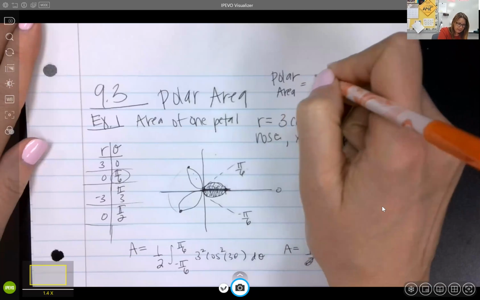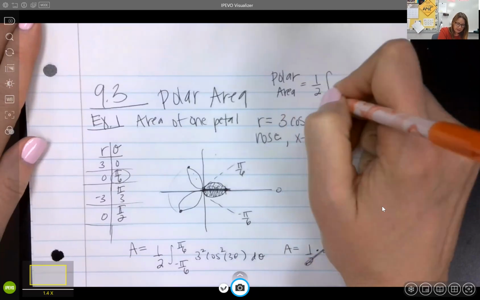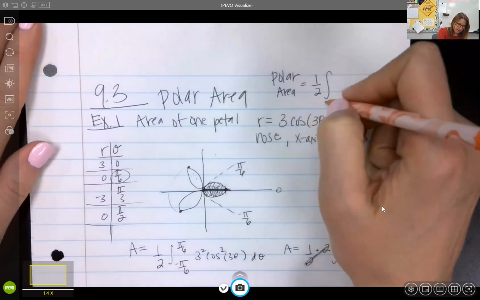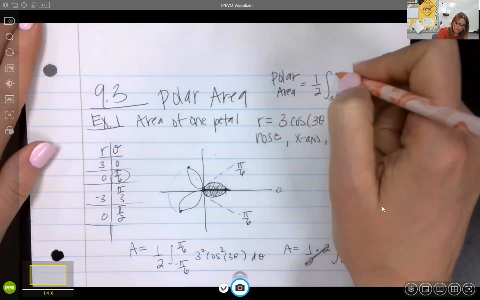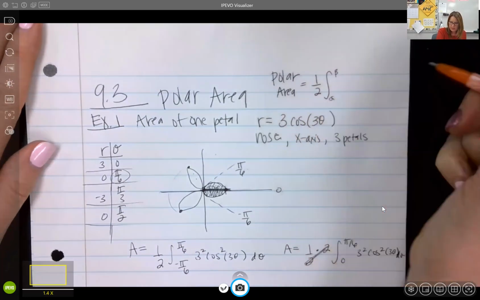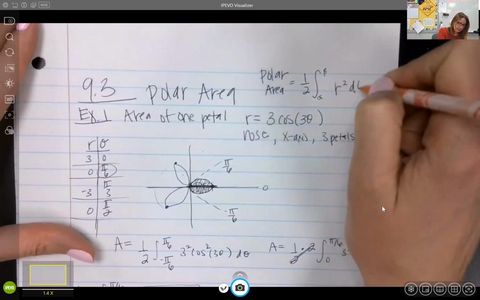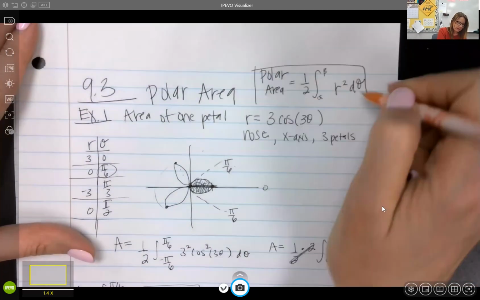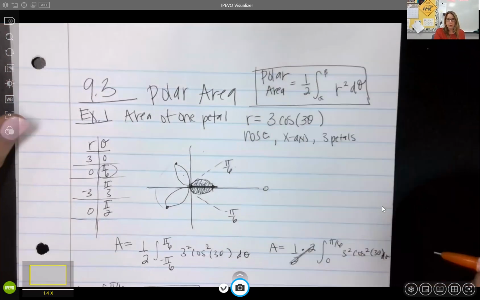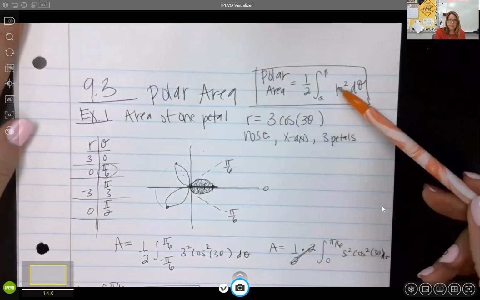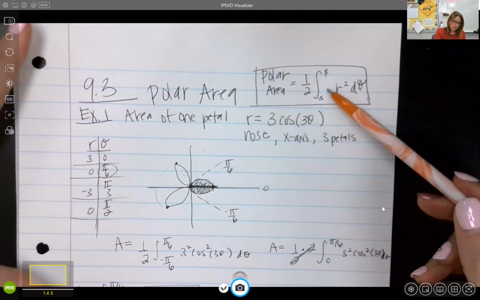All right, so for polar area, our formula is 1/2 times the integral, and we don't just use a and b because these are angles, so we use alpha and beta, but it just means the limits of integration, of r squared d theta. Okay, this is our flashcard. Polar area equals this. We have to have this memorized.